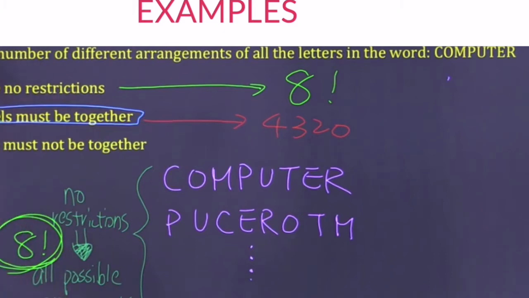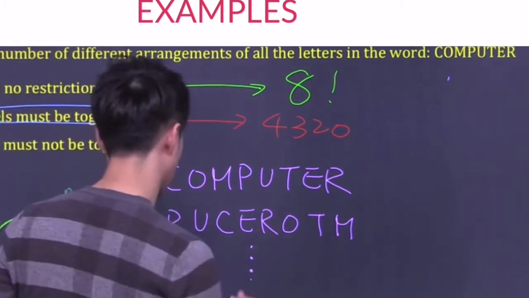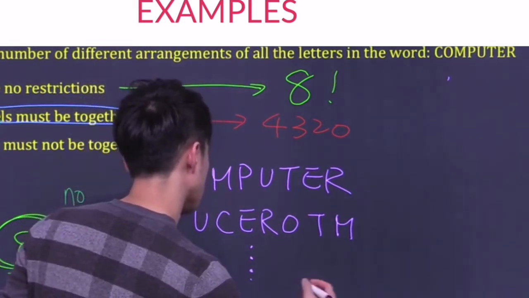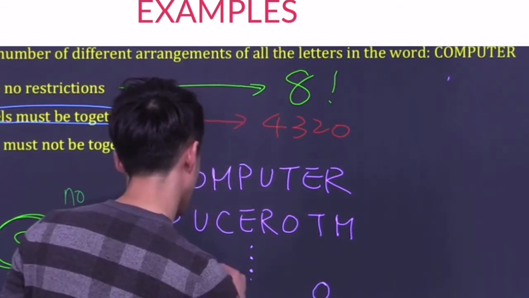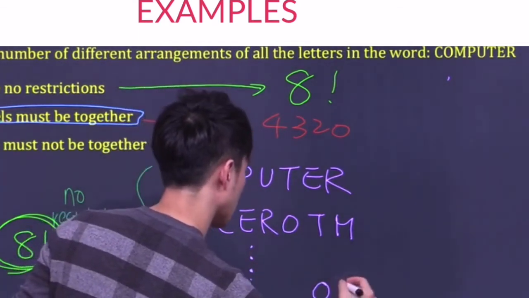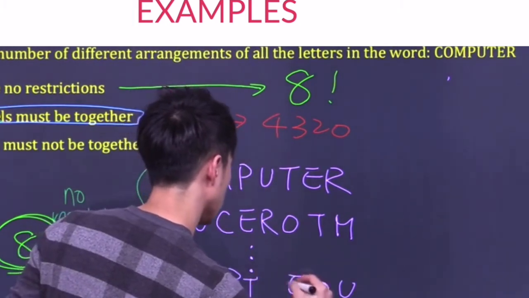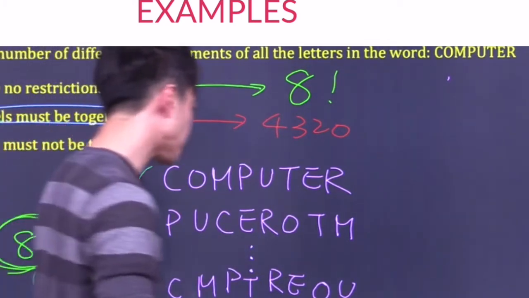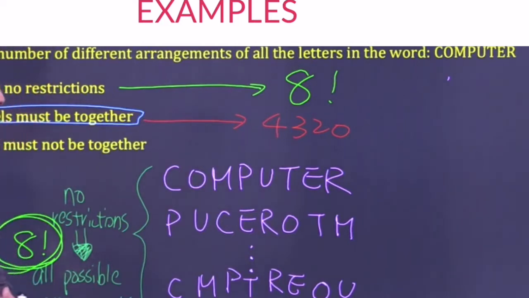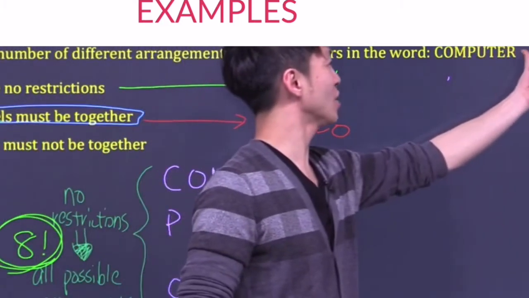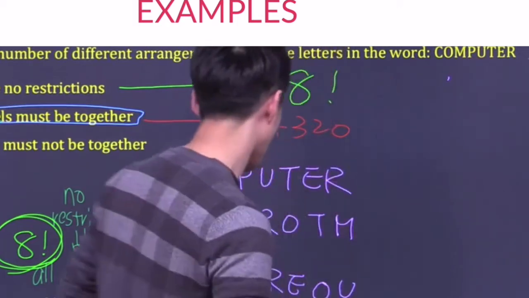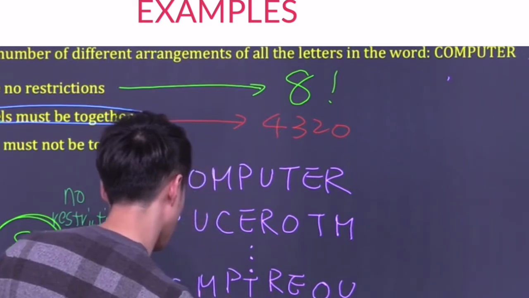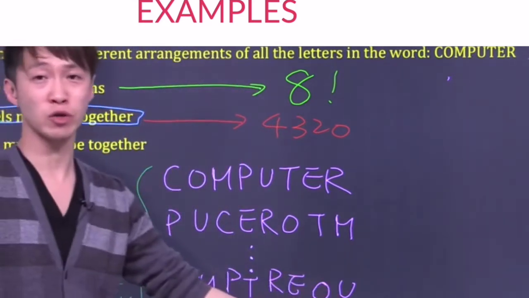Another possible arrangement could be like C, O, M, P, U, T, E, R, right? That's another possible arrangement. Okay, good. Give me one last one. Easy, right? We can just read this word backwards, read the letters backwards. That's another possible arrangement.